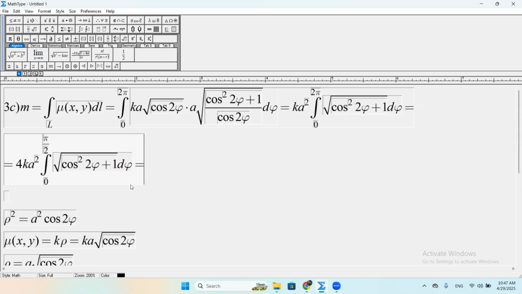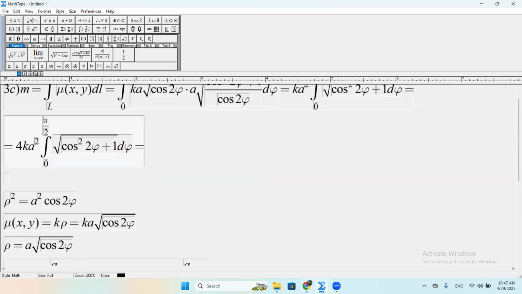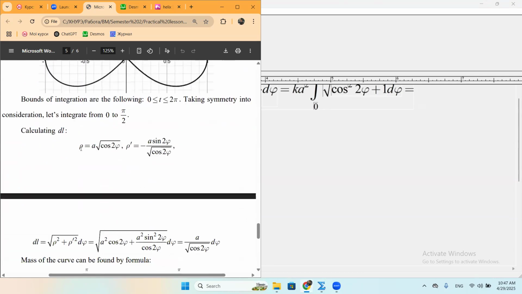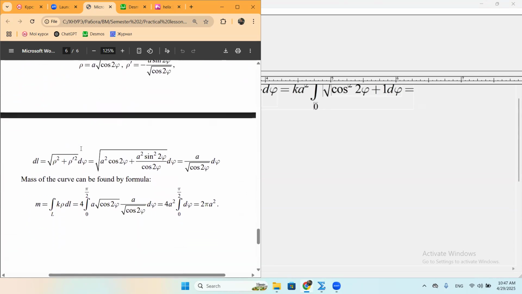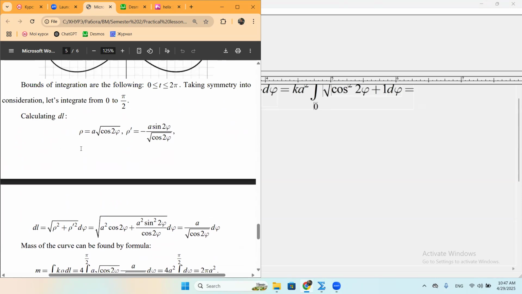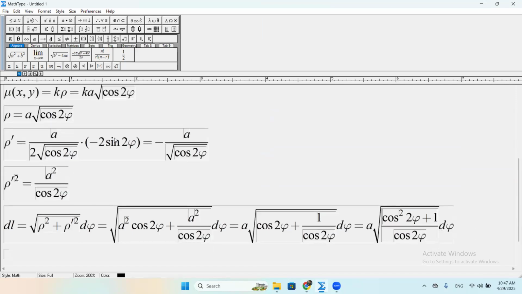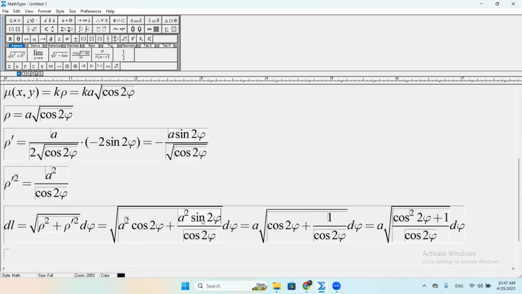Just a moment, let me remember what I did here. Something here is not correct. My bad, I made a mistake. I lost this sign, so here everything is incorrect.